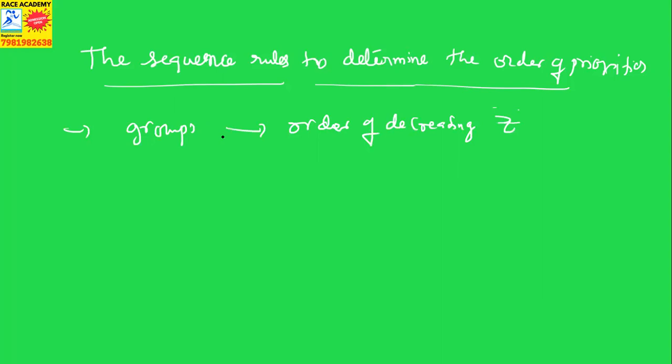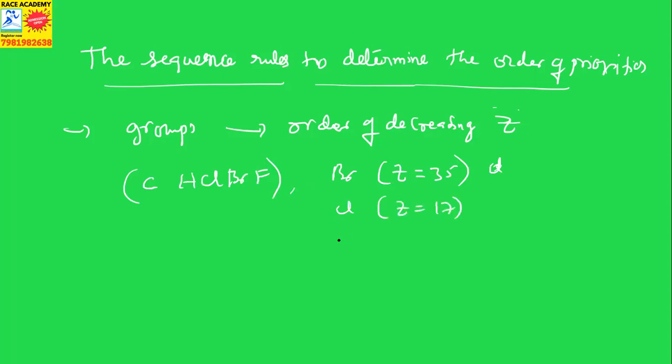For example, take this carbon with hydrogen, chlorine, bromine and fluorine attached to it. The substituent bromine has a Z value of 35, while chlorine has a Z value of 17, and fluorine has a Z value of 9.